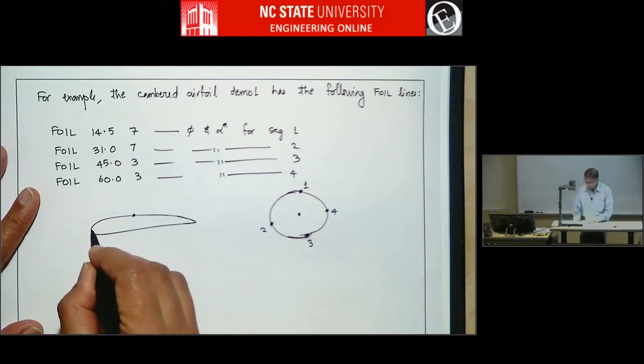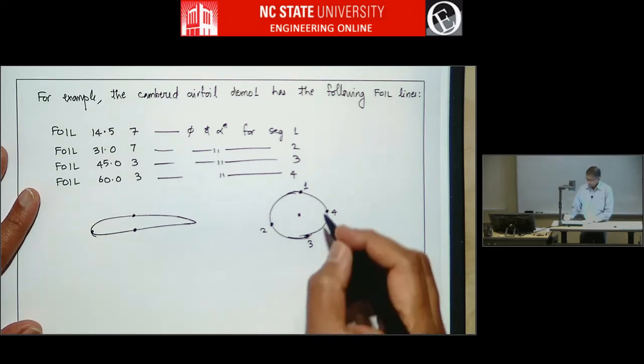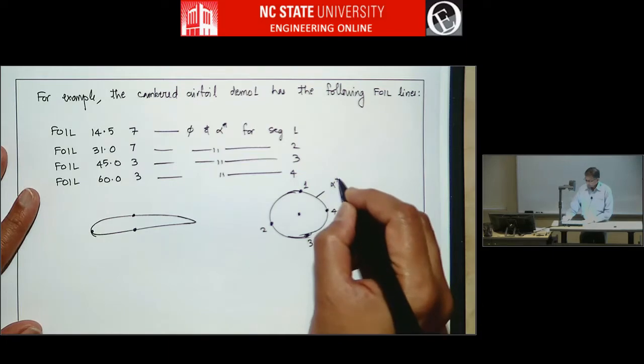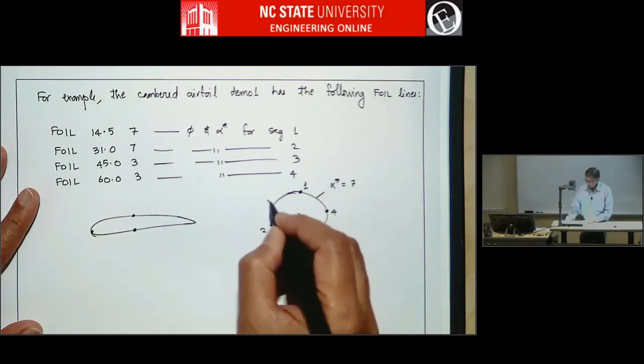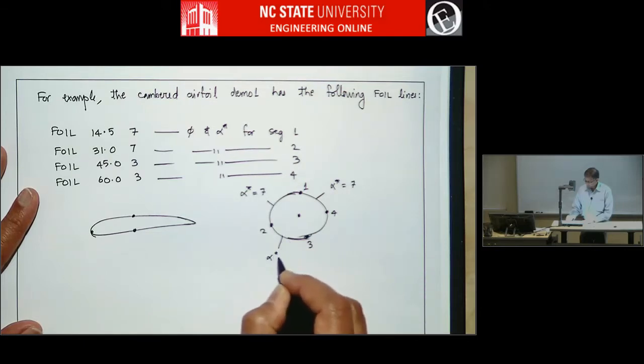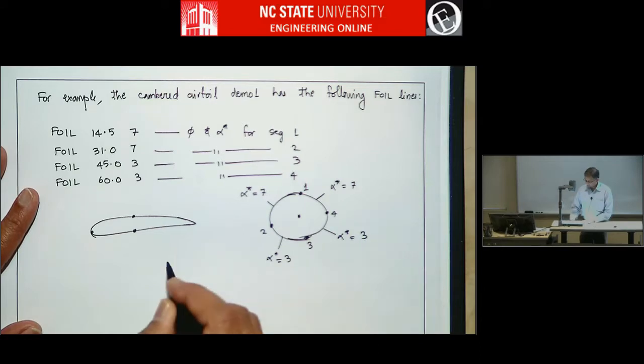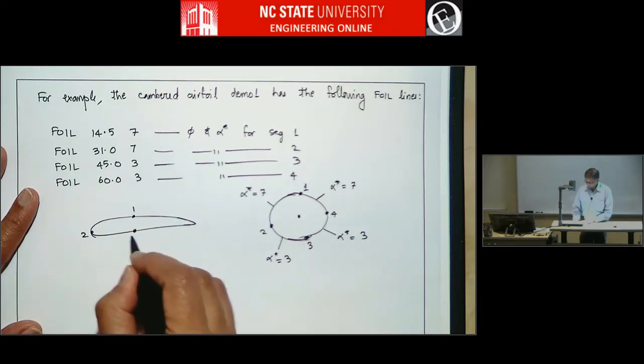The airfoil turned out to be something like this. And alpha star for this was 7. This also was 7. This was 3. And this was 3.